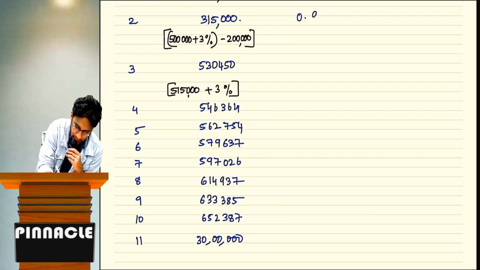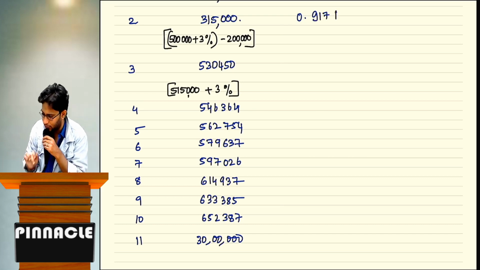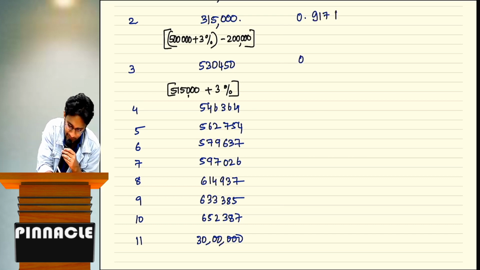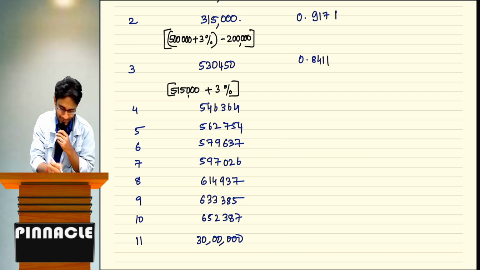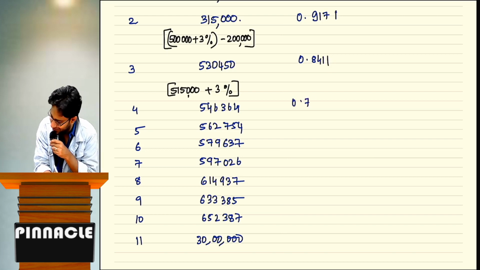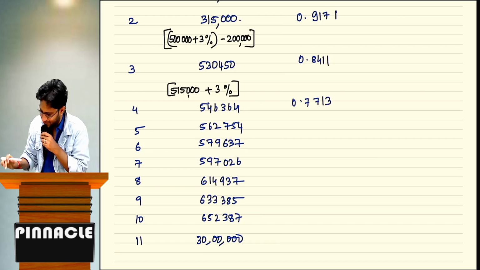So, 0.9171. People don't know how to approximate also. 0.8411. See, your disease is coming to me. 0.7713.